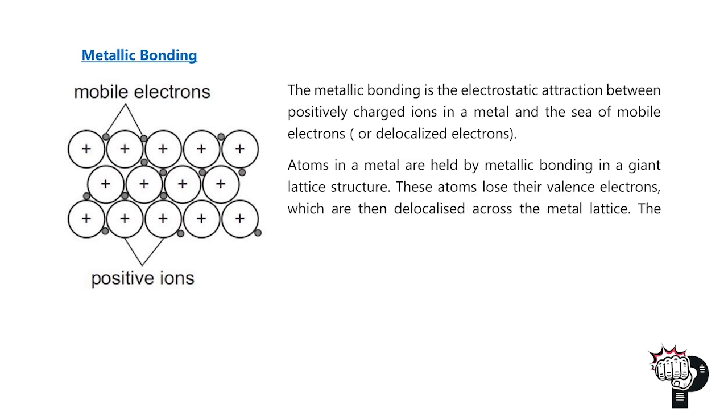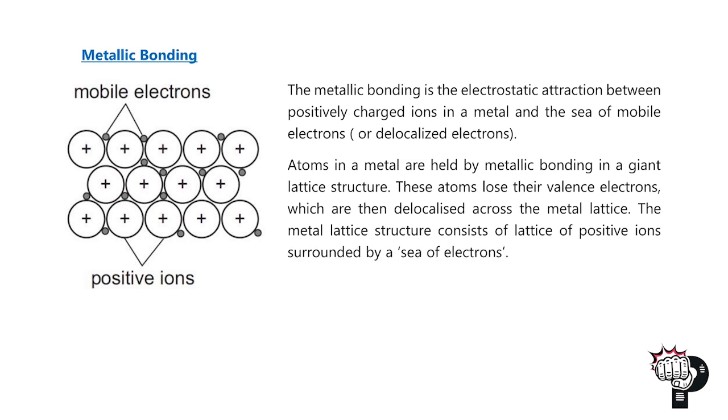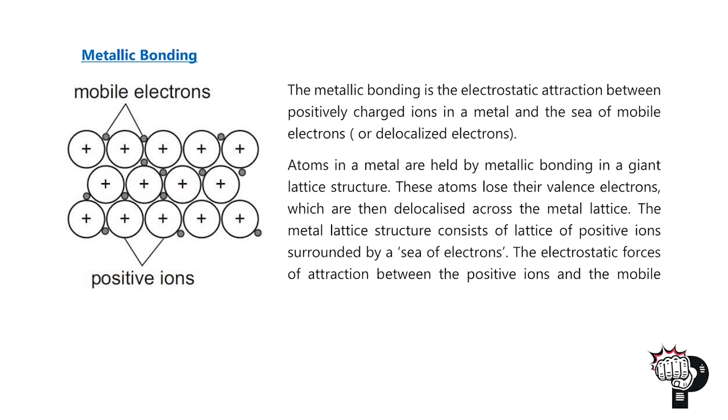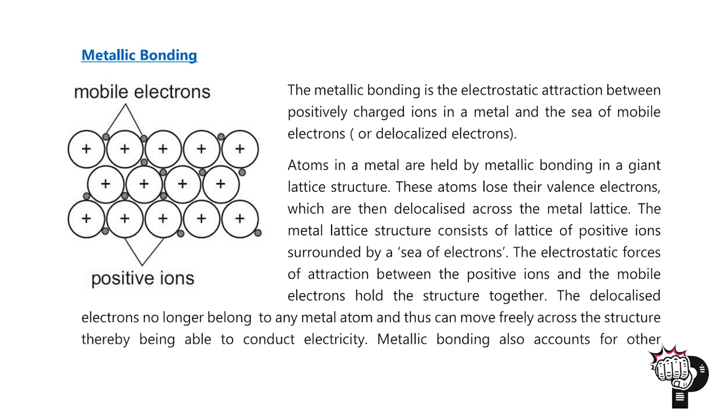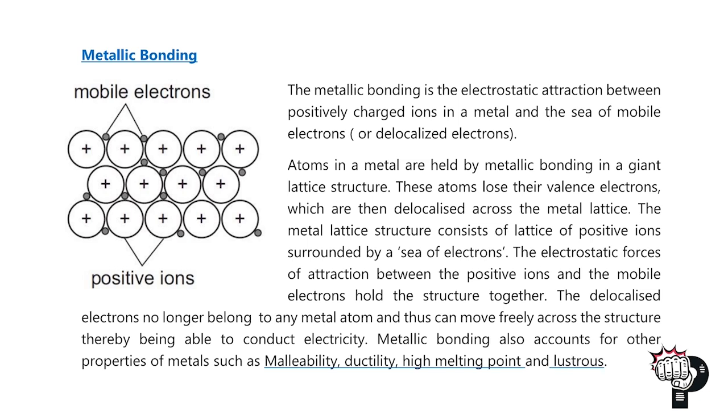The electrostatic force of attraction between the positive ions and the mobile electrons holds the structure together. The delocalized electrons are free to move about within the structure of the metal and conduct electricity. Metallic bonding also accounts for other properties of metals such as malleability, ductility, high melting points, and luster.